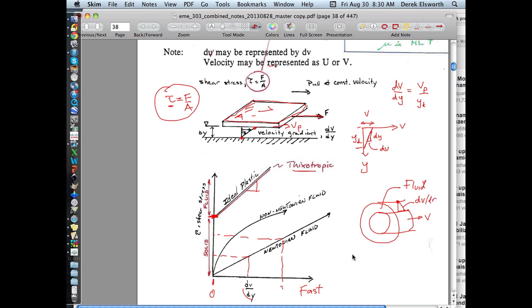And so you can also write this as being equal to viscosity times the change in velocity with radius. The other thing to recognize is that it's the velocity in this direction, but it's relative to the distance in this direction, right? So it's not the change in velocity along the length at which it's flowing, it's the change in velocity perpendicular to that direction.